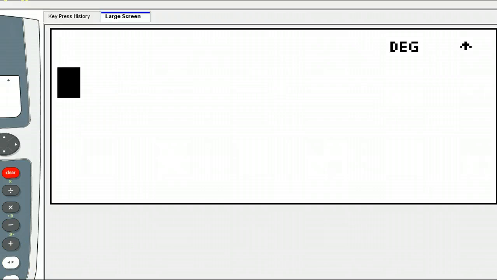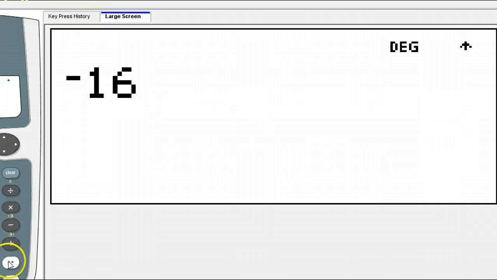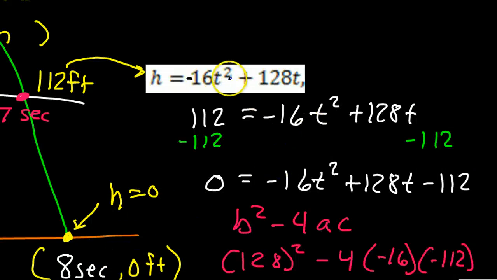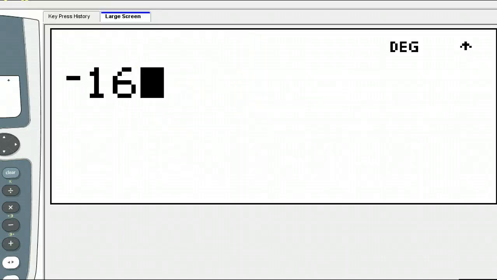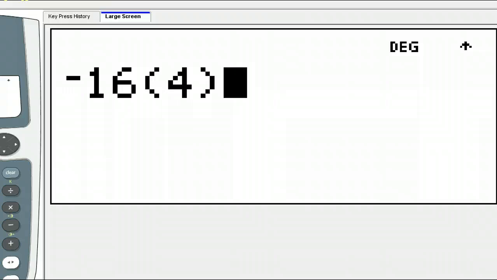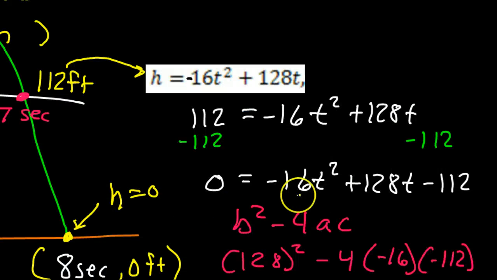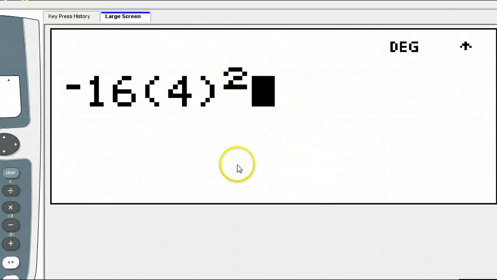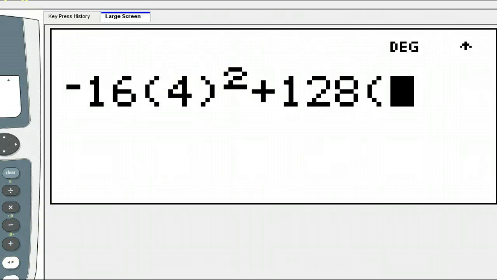So if I plug in 4 for t, the equation is negative 16 t squared plus 128 t. So that's going to be negative 16 times 4 squared, plus 128 times 4.